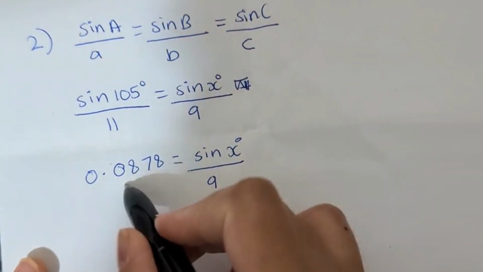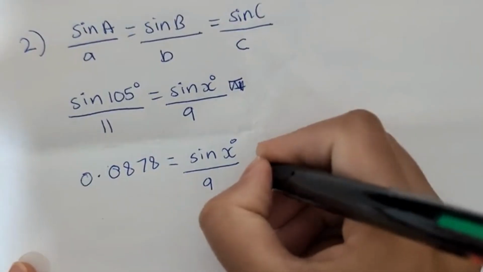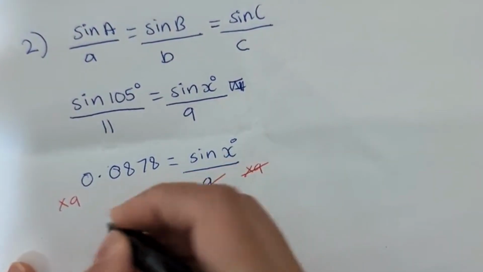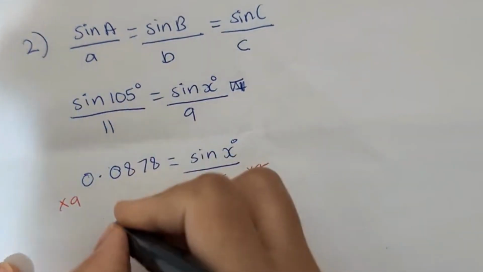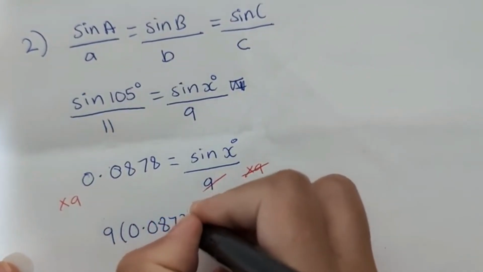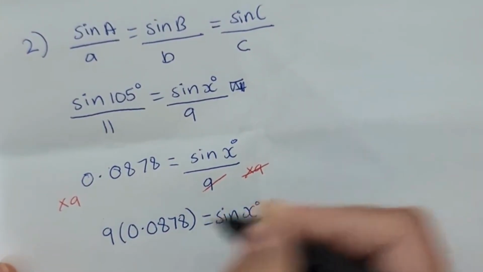So I'm going to take now the 9 on the other side, okay? So what I'm doing is rearranging, so I'm timesing by 9 both sides. These two cancel out and 9 goes over there, okay? So that means I'm doing 9 times by 0.0878 is equal to sine x degrees, okay?